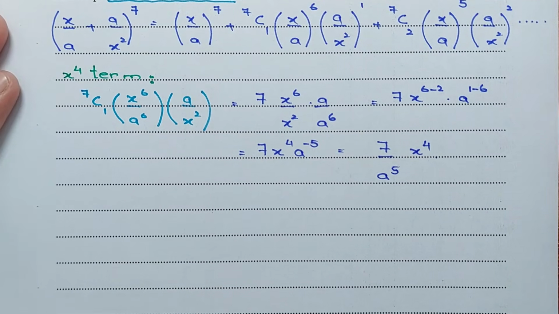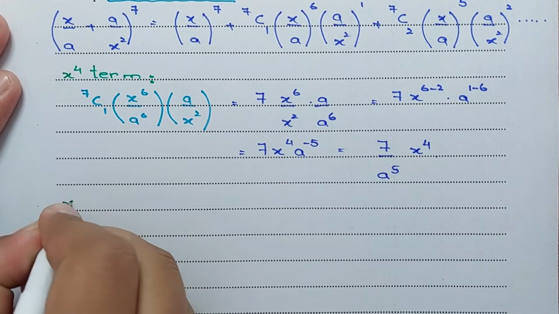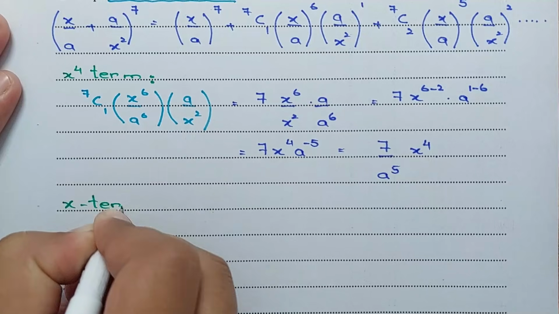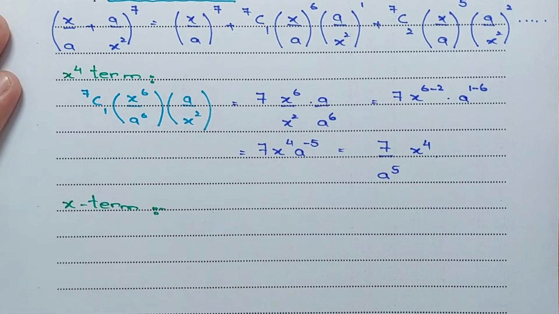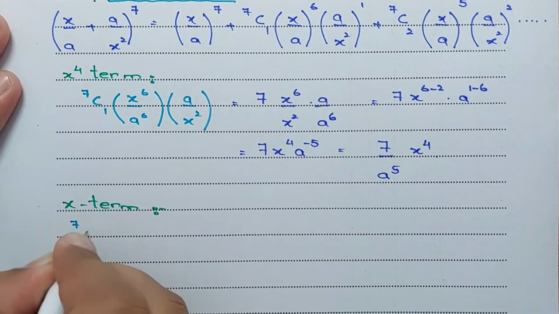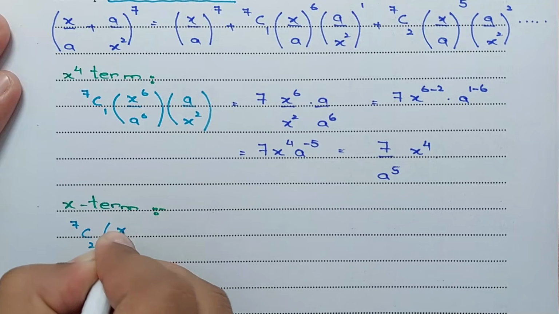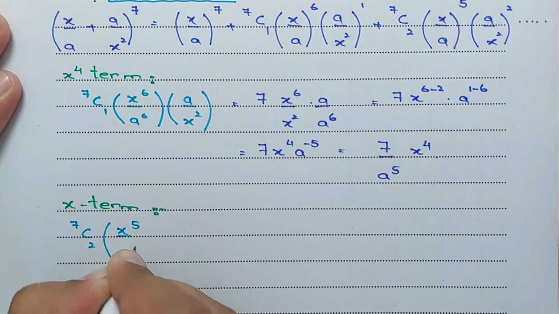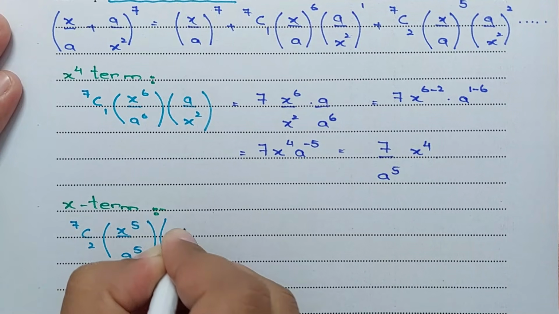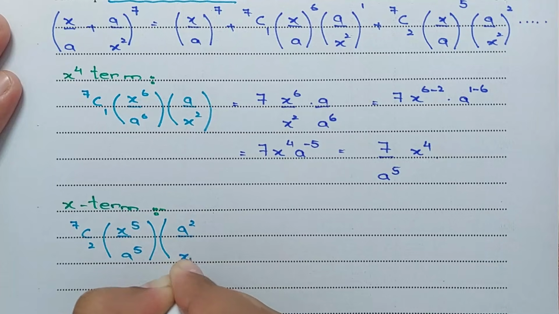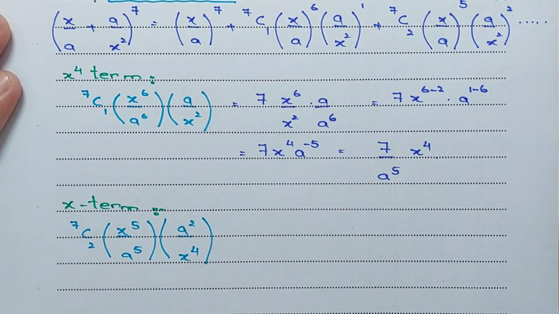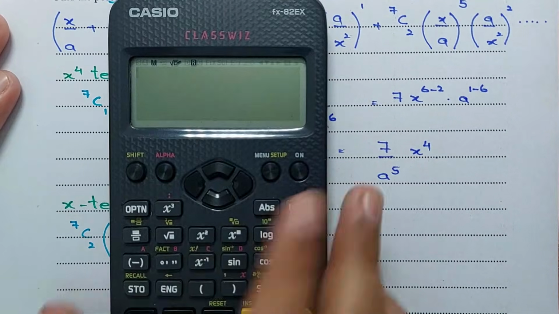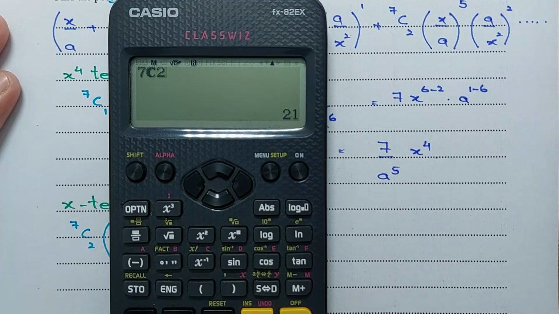Right. Now let me figure out the x term. So the x term is 7C2, x^5 over a^5, times a squared over x squared squared, which would be x to the power 4. 7C2 is 21.